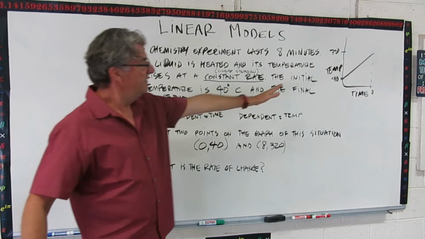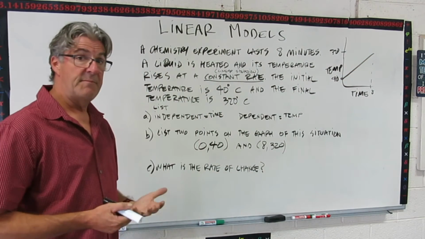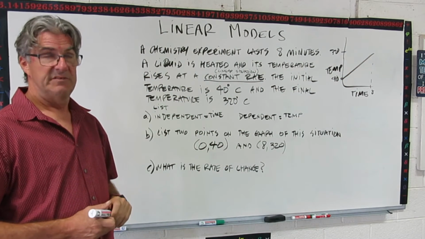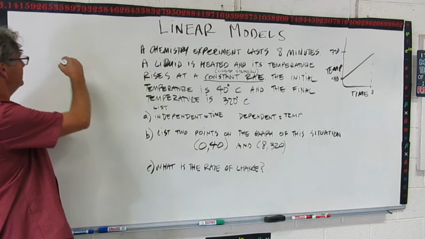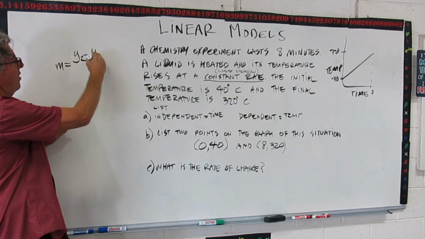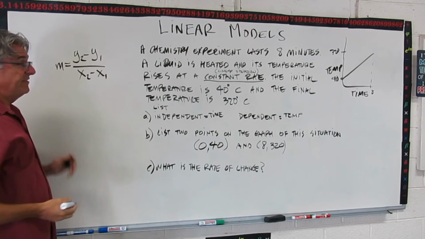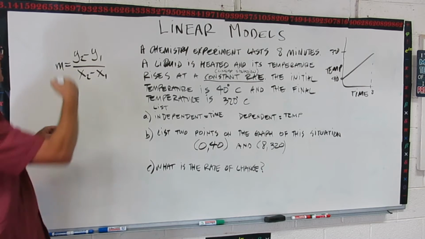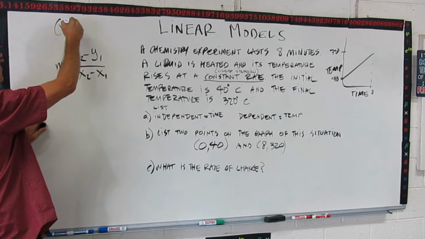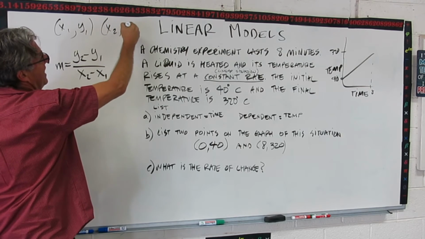Now, the rate is the slope of this line. And you have to remember your line equation slope formula, which is m equals y2 minus y1 over x2 minus x1. That's the formula for slope between 2 points, x1, y1, and x2, y2.